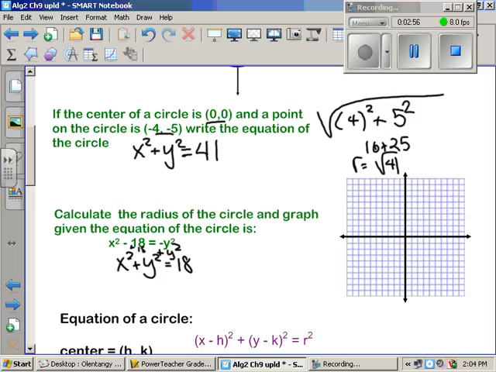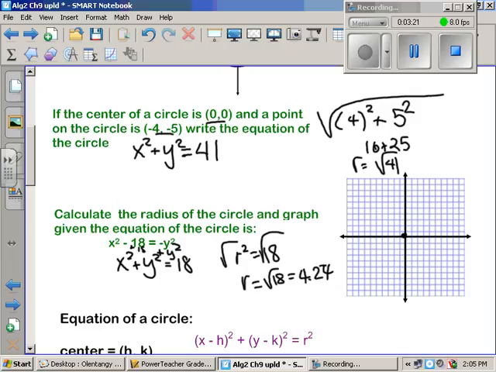So I get x squared plus y squared equals 18. Because it's in that format, I know the center's at (0, 0), and I know that 18 is r squared. So if I take the square root of both sides, r is the square root of 18, which if you plug in your calculator comes out to be 4.24, I believe.